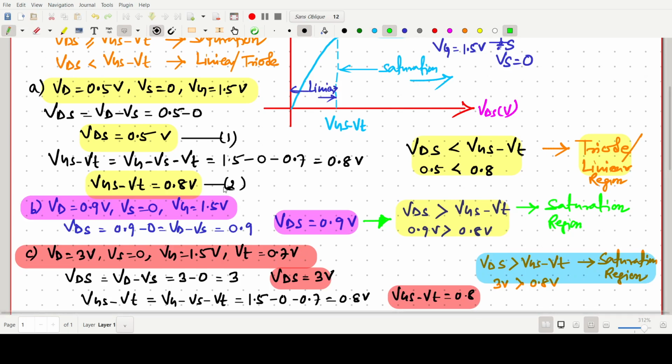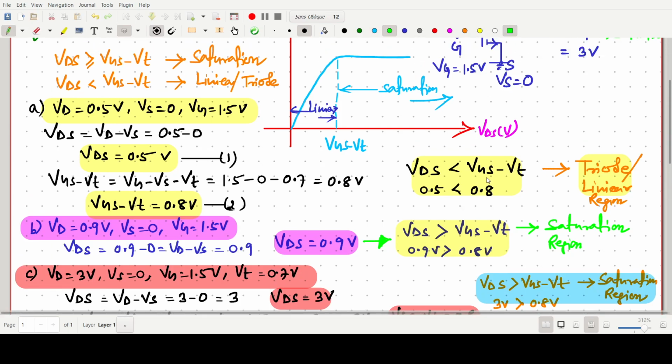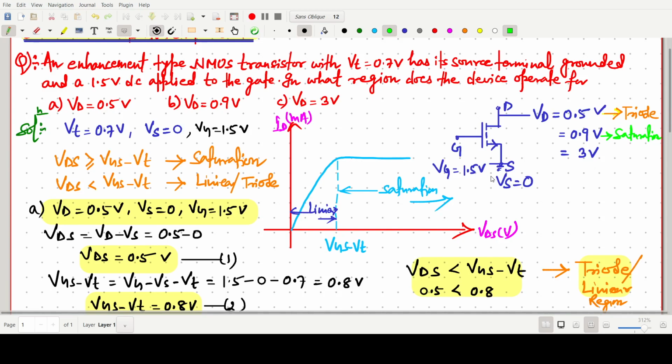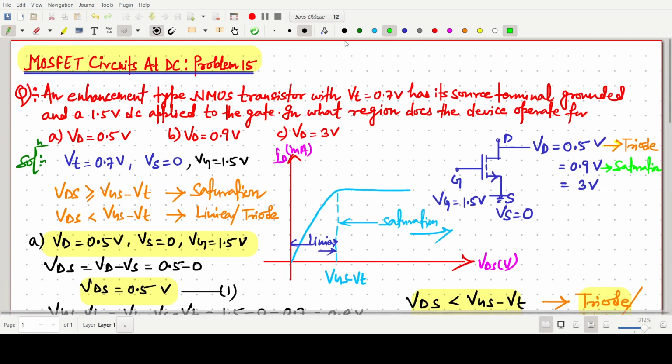Like that we can find the mode of operation for an NMOS. So for 3 volt, again it is coming in the saturation region.